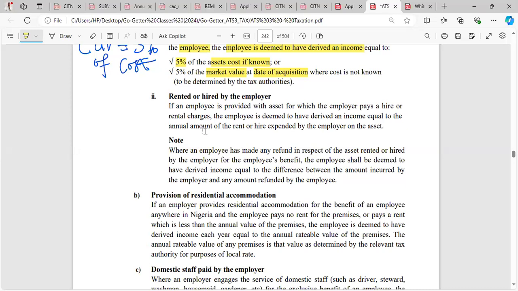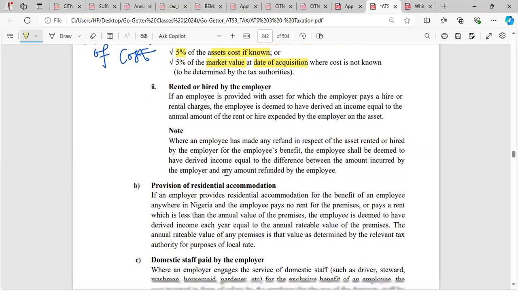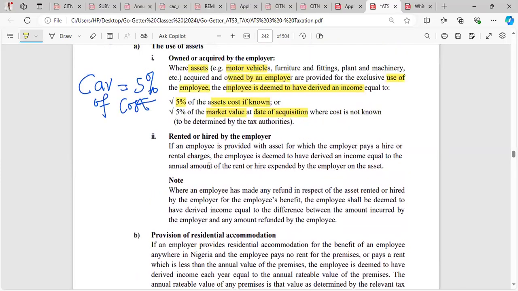That cost of hiring the car is seen as income in the hand of the employee. We'll talk about house rent later. So the cost of hire of the car is an income to the employee. Assuming the employee has paid part of it, or has made a refund for some of it, that refund will be deducted from whatever was paid by the employer, so that the difference is the income.